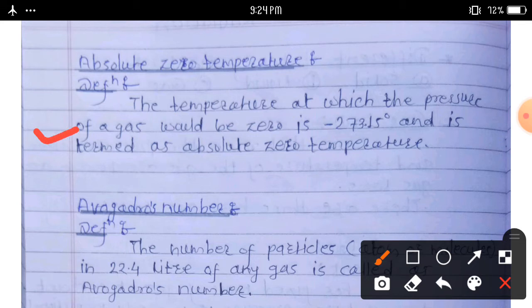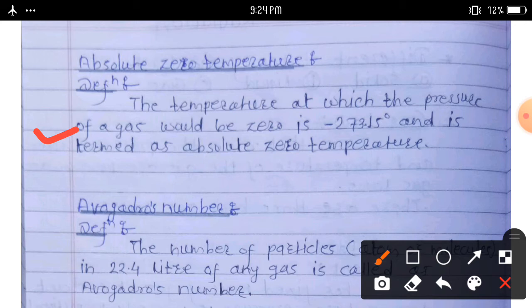Definition: the temperature at which the pressure of a gas would be zero is minus 273.15 degrees and is termed as absolute zero temperature.